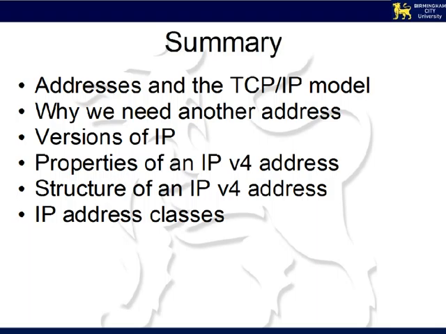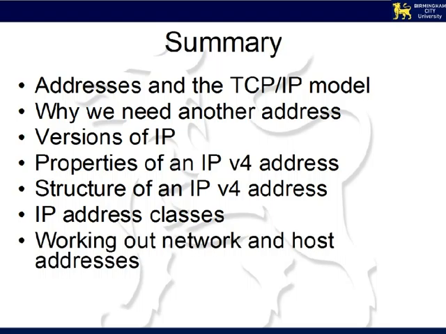For class B addresses, the first octet is between 128 and 191, and this has a default subnet mask of 255.255.0.0. For class C, we have a first octet between 192 and 223, and a default subnet mask of 255.255.255.0. We then finally looked at how we could use the subnet mask with the IP address to work out the network address and the host address.